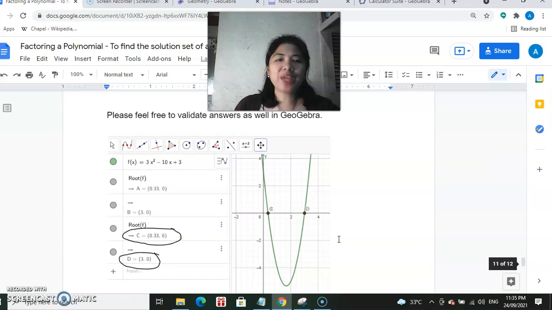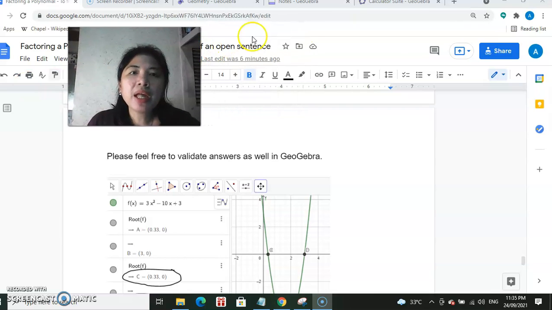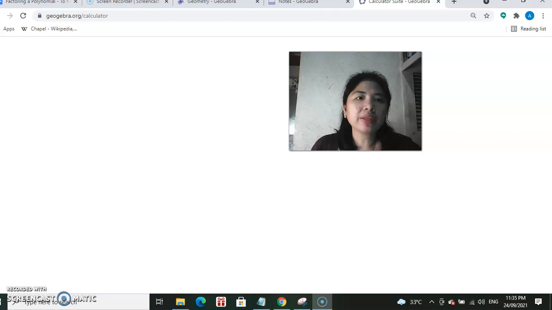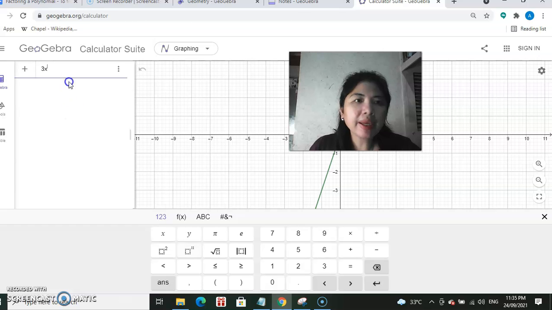And another cool way of validating our answer is through GeoGebra. Okay, so we will be using the calculator suite. And then just input the equation 3x squared minus 10x plus 3.